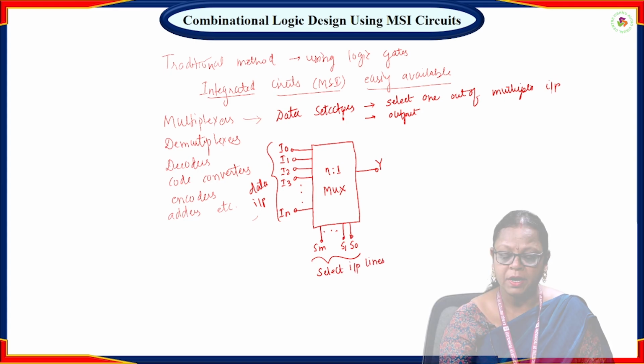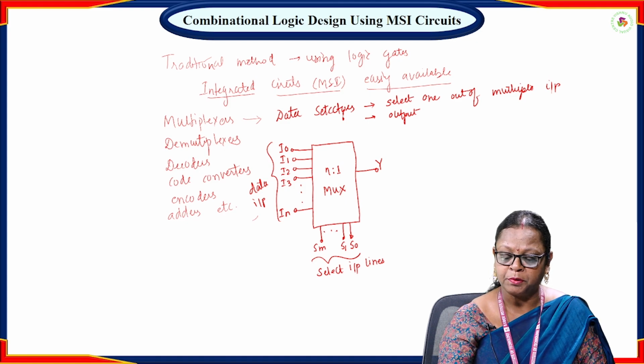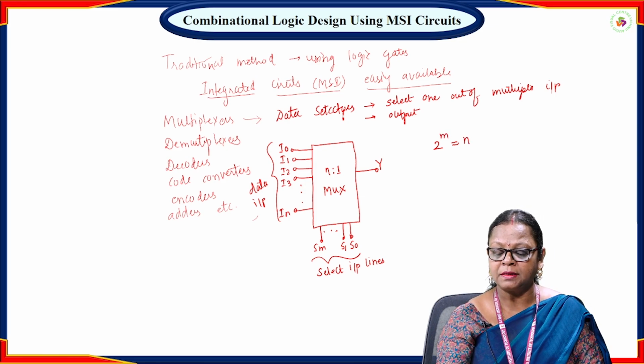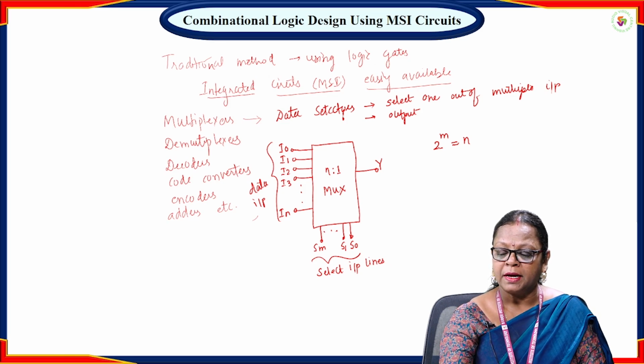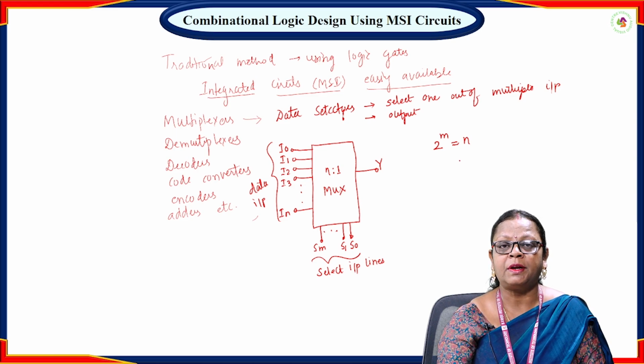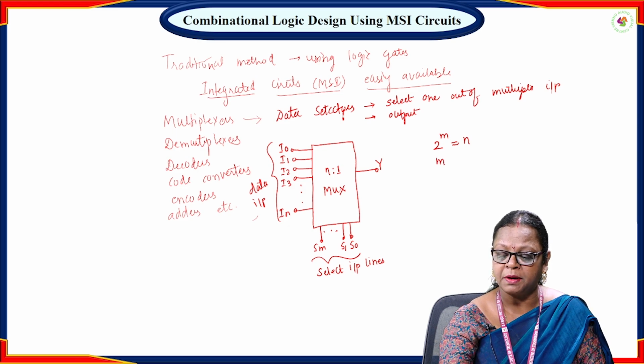For selecting one input from n inputs, we need m select input lines, and the relation is 2 power m equals n. So m is the number of select input lines and n is the number of input data.